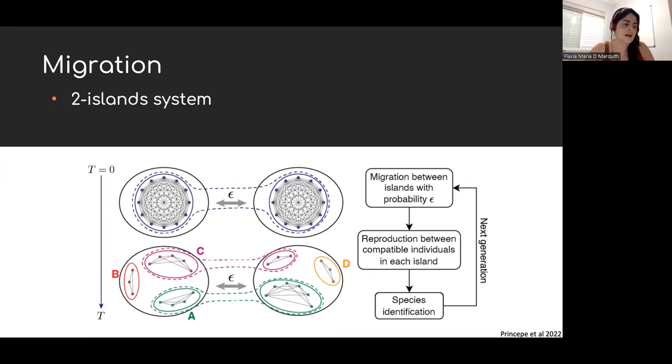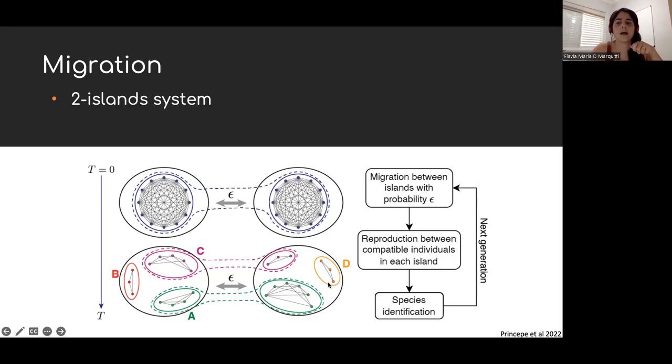We didn't evaluate in this work the signatures left in the phylogenetic tree, but we tried to understand what processes make species form when we have a two-island system. And this was based on a very theoretical work proposed by Manzo and Peliti, who based their work on the Higgs and Derrida model, where we have two sets of islands with the same number of individuals, and individuals can migrate from one island to the other.